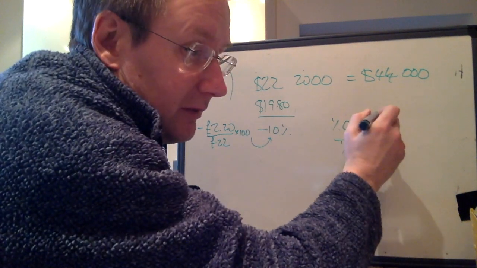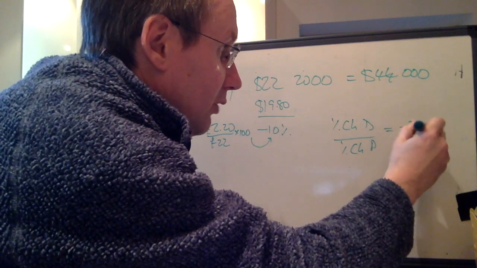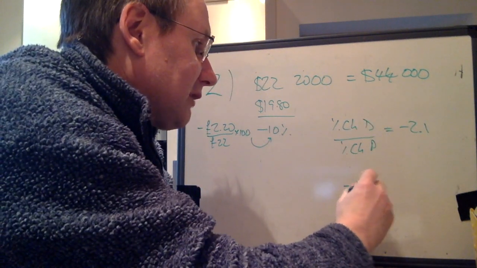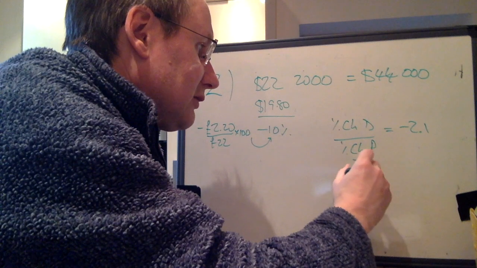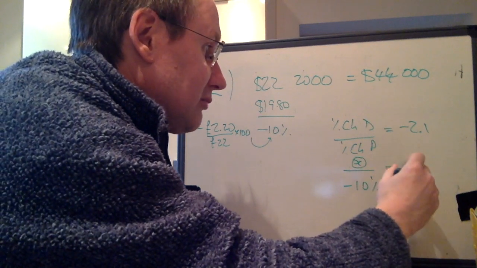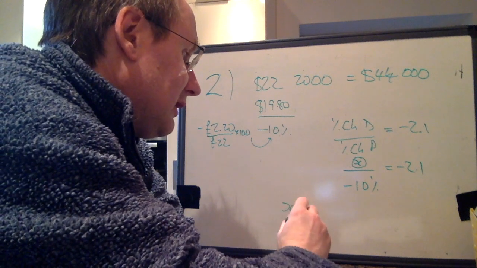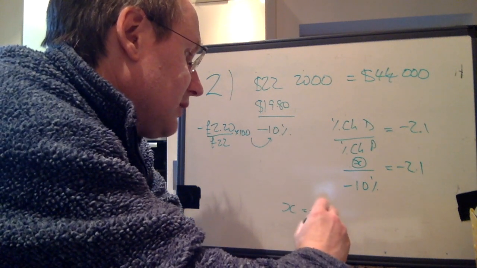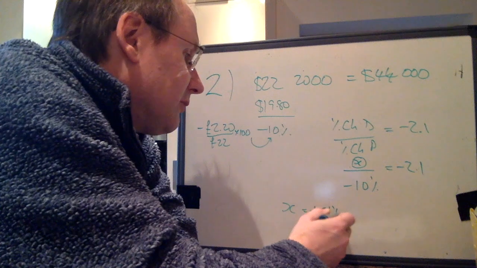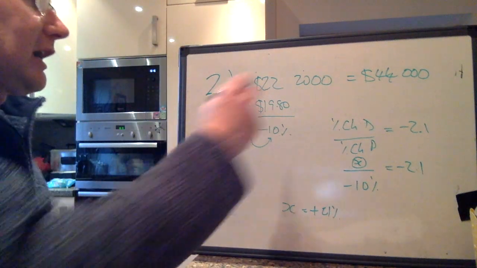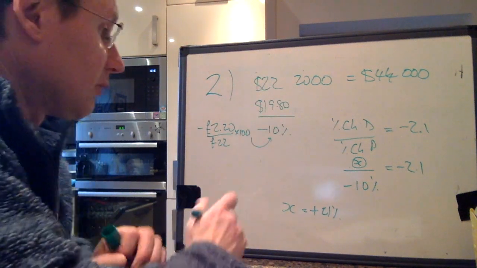And we know that that is minus 2.1. So therefore, minus 10%, something divided by minus 10% is minus 2.1. So therefore, X is plus 21%. So what we then have to do is add 21% to the original quantity.